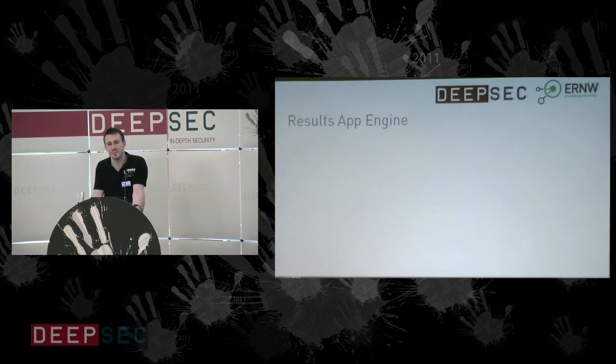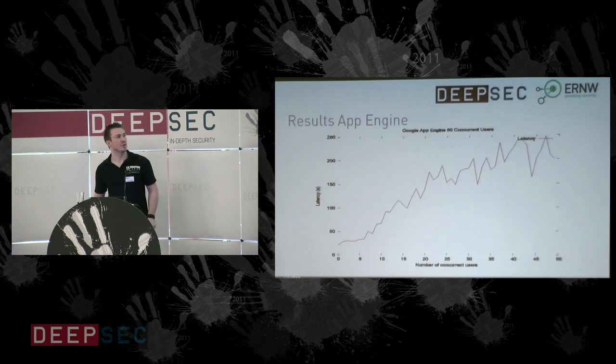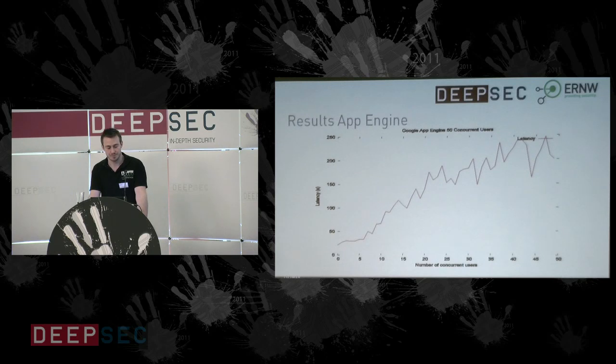reliable way. So, I simulated up to 50 users on the Google App Engine platform, and we see that the development of the latency up to 50 users increases a little bit more than linear. Still, this is not a bad footprint for our application.